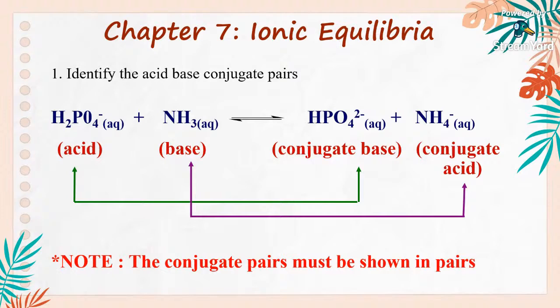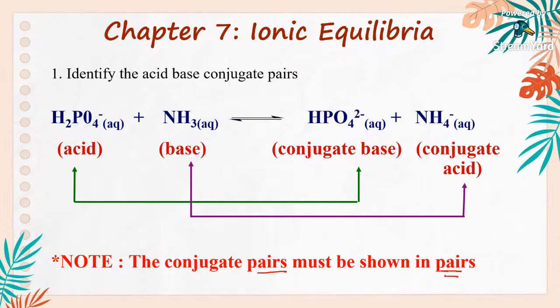So you have this reaction here, to identify the acid-base conjugate pairs. You identify the acid, so you show the pair, which is the conjugate base, and then this is the base and this is the conjugate acid. The conjugate pairs must be shown in pairs.